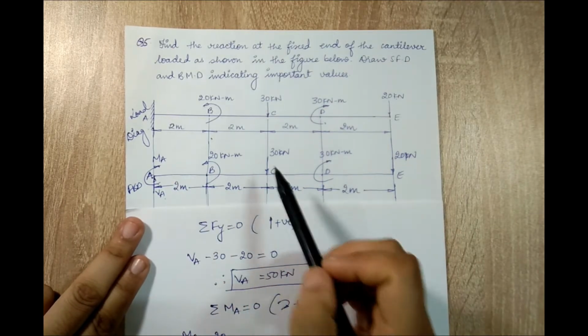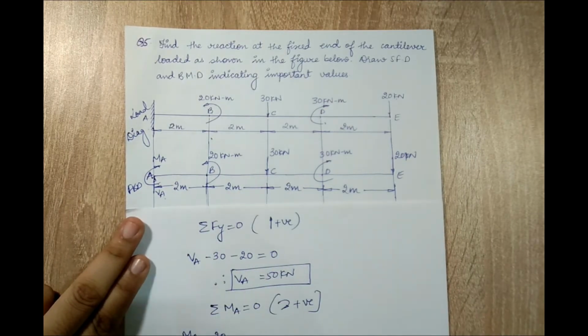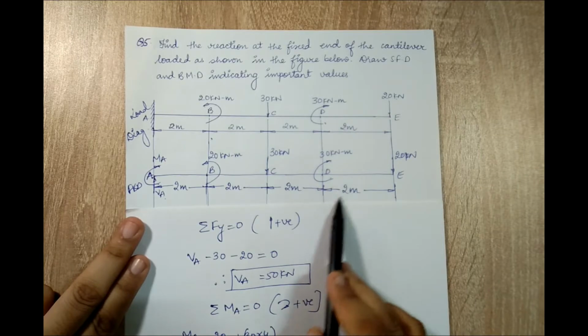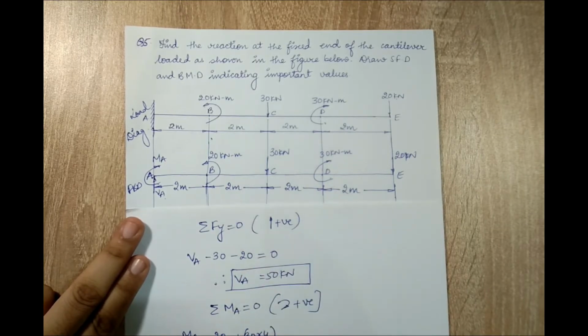I have 30 kilonewton going clockwise, so plus 30 into 4. Then I have this moment going clockwise towards A, so it is plus 30. Last I have 20 going clockwise towards A. So I get the value of MA as minus 290 kilonewton meter.